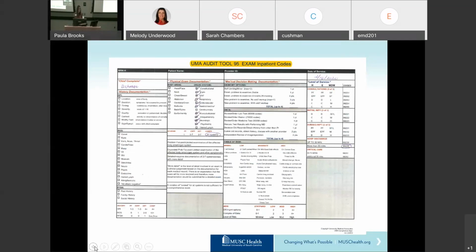So if that discharge summary had not stated that that exam was done on the day of discharge, and it just had all of their hospital stay, then we wouldn't have used that. We would have looked for a progress note to give us the information of the patient being discharged.